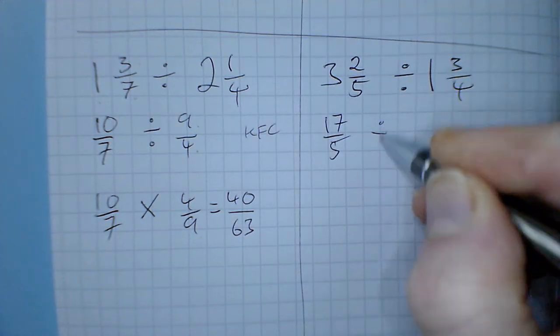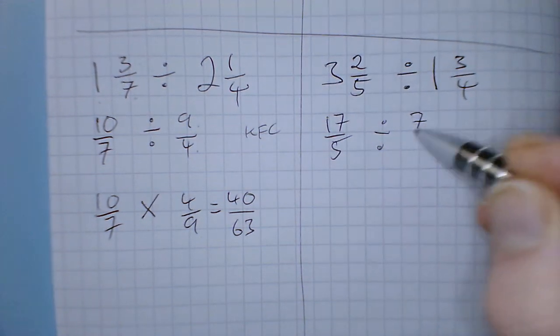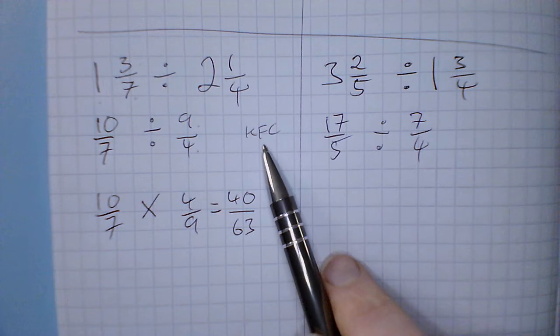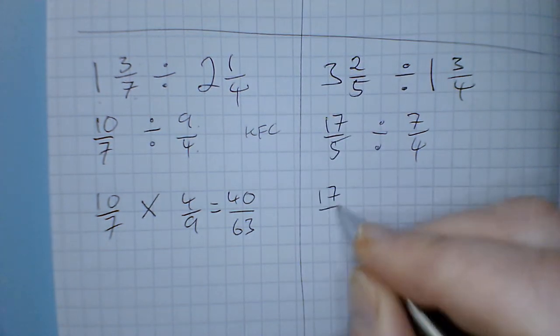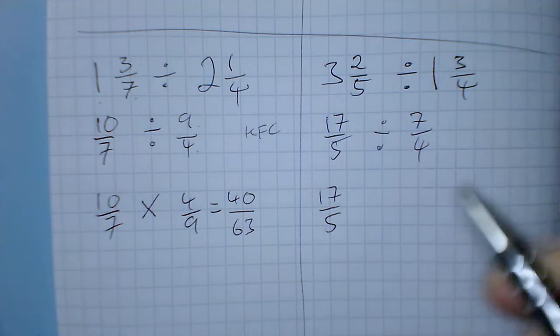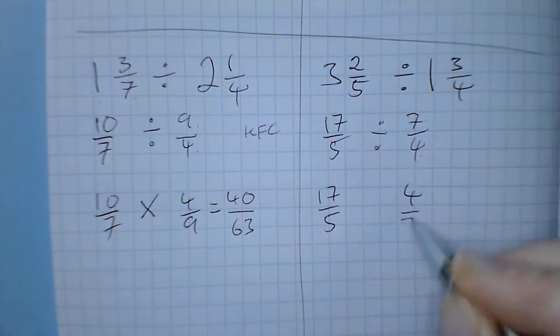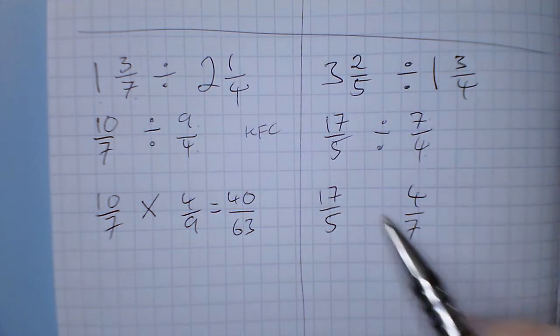And that's divided by 1 3/4. 1 times 4 is 4, plus 3 is 7. So that's 7 over 4. I'm going to use KFC. I'm going to keep the 17 over 5. I'm going to flip the 7 over 4 to become 4 over 7. And I will change the divide into a times.